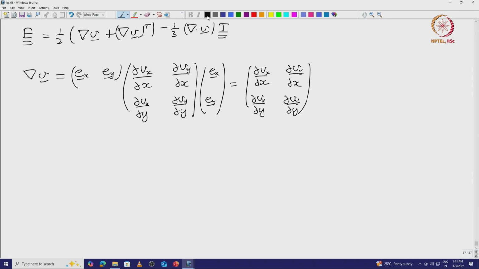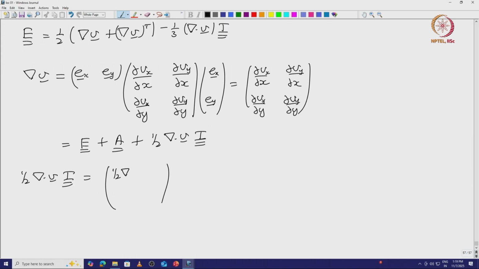Therefore, I can write this as the extensional strain plus the antisymmetric part plus, in this case, half del dot V times I. The first component is half del dot V I, which is half divergence of V on the diagonal and 0 off the diagonal.